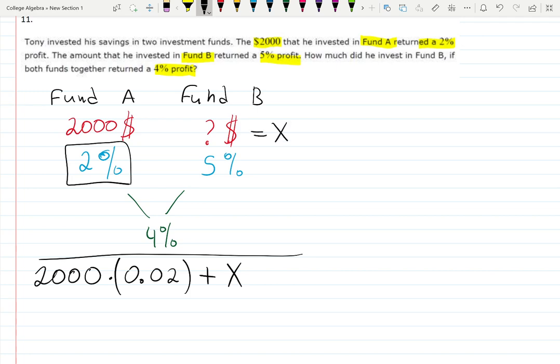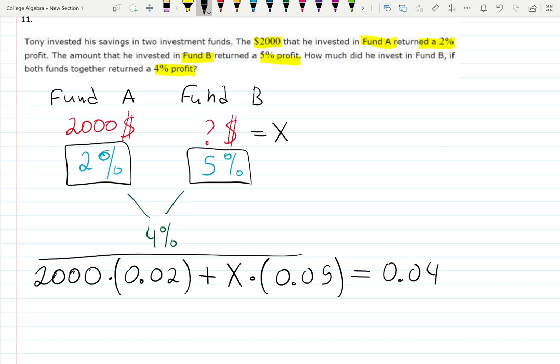We call it X. Whatever you don't know, you call it x. It makes sense. I'll multiply it by 0.05, because that's the amount of profit I will get from that account. And then the total is 0.04, but it doesn't look smart, to be honest.